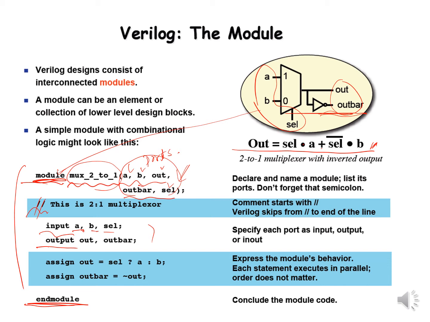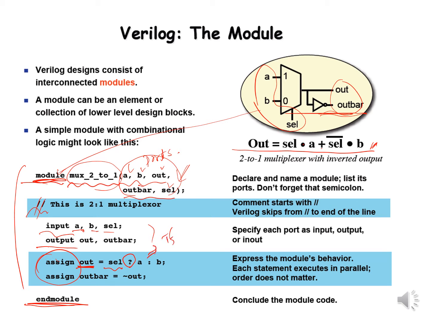Once you define the input and output, now you describe the behavior. By default, you can use the assign statement here. Out is assigned. For the sel, we have a special keyword, the question mark, that is the same as an if statement.